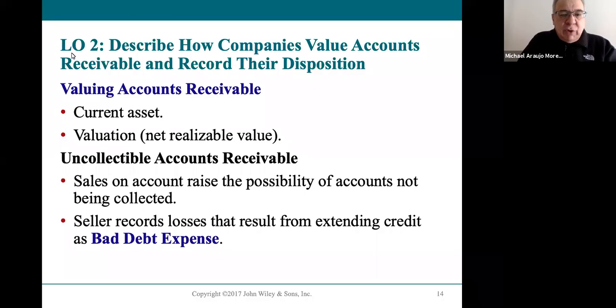Learning Objective 2 tackles that very interesting question of how do you value accounts receivable when it changes all the time, number one, from what we learned in Learning Objective 1.